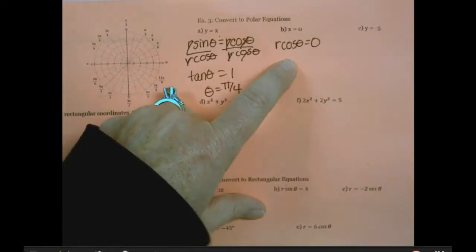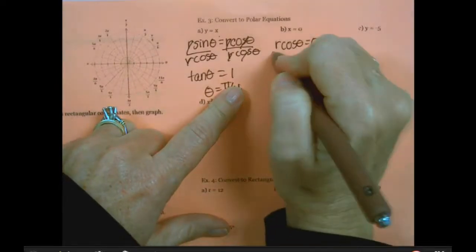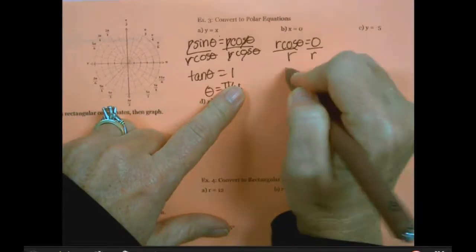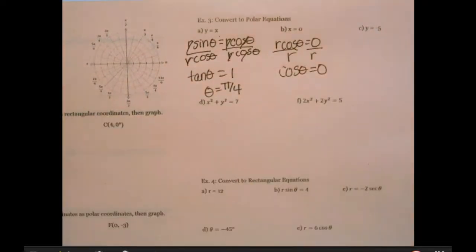So instead of dividing by cosine this time, let's divide by r. So what do I have to do to get rid of the cosine? Because I just want the theta. It's almost, can we do the inverse of the cosine, right?